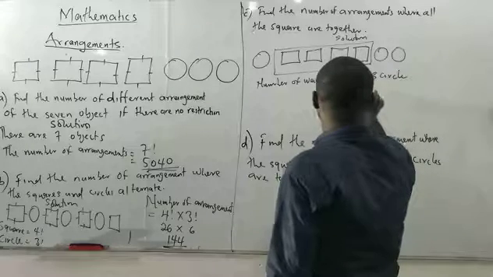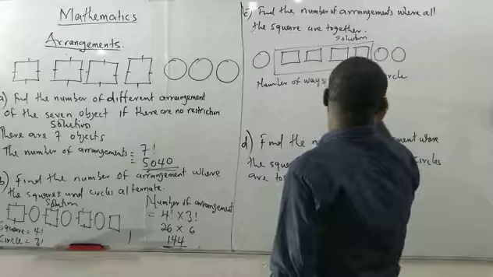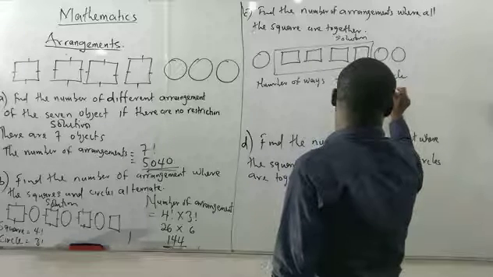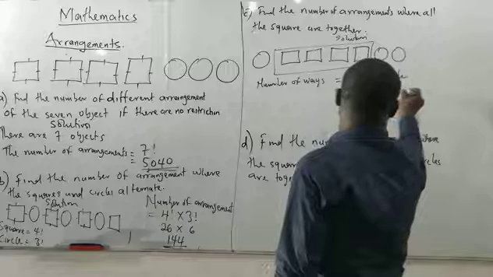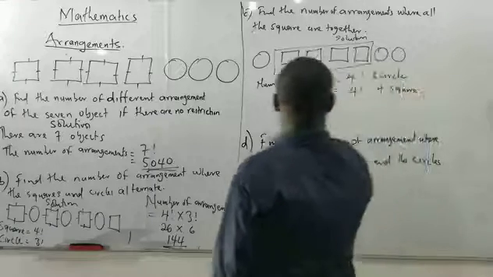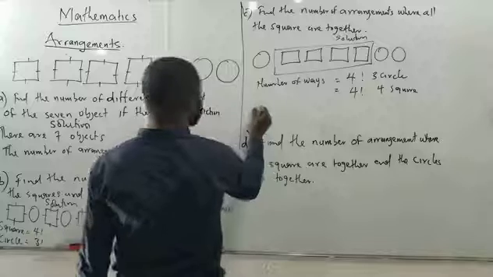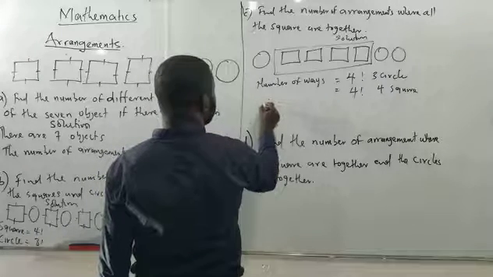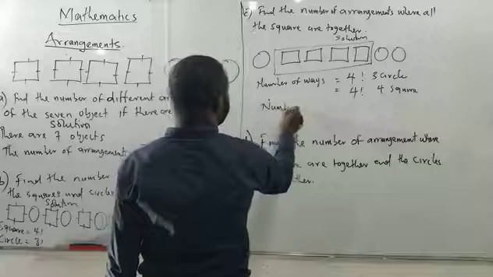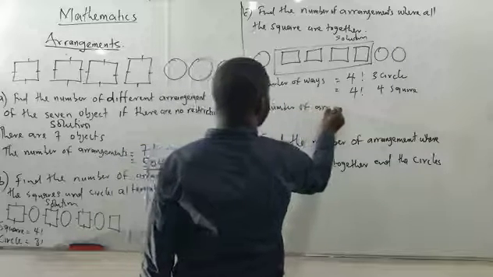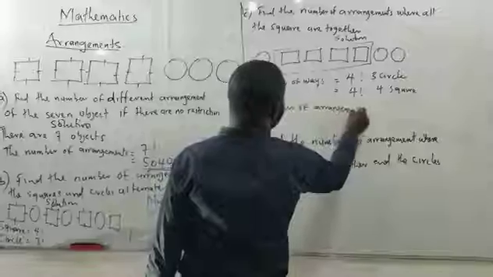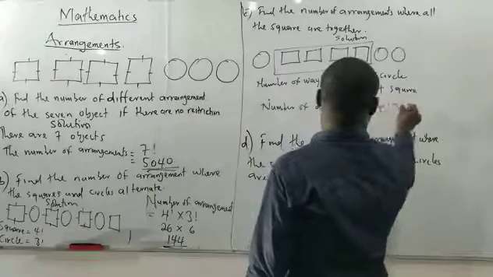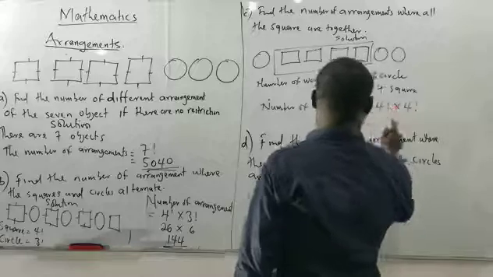And we're having 4 squares. Now, the number of arrangements will be equal to 4 factorial multiplied by 4 factorial. 4 factorial, 4 factorial.